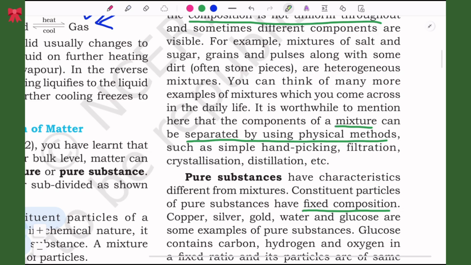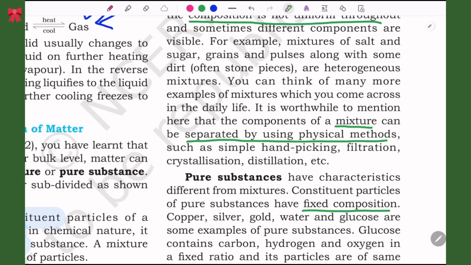So a mixture, there's a second point, that a mixture you can separate. For example, if I have asked you to clean the rice which is containing some pieces of stone, you can just hand pick it. You can just remove the dirt from the rice by washing it in the stream of flowing water, running water. That means there are certain physical methods available by which we can separate the components of a mixture, like simple hand picking, or filtration.